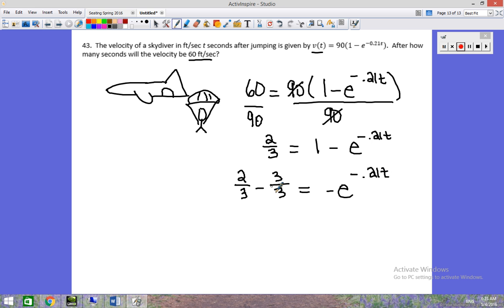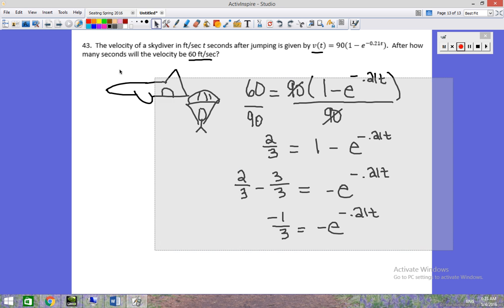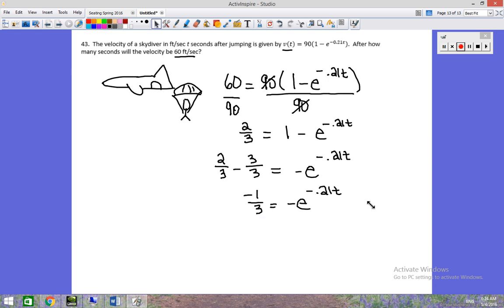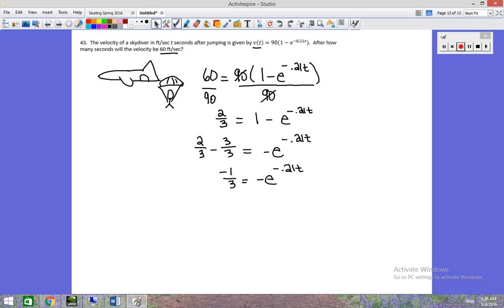So 2/3 minus 3 over 3 is a negative 1/3. And on this side I have a negative value. If I multiply both sides of the equation by negative 1, then it'll get rid of these negative signs. The opposite of negative 1/3 is positive 1/3, and taking the opposite of the right-hand side, we get e raised to the negative 0.21t.